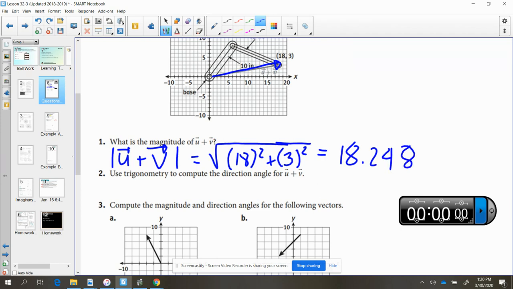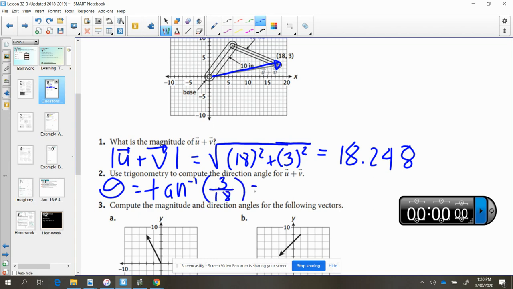And then when we talk about the trigonometry to find your theta measure, notice this is a quadrant 1 value, so we're going to want theta to be a quadrant 1 value, and then it's b over a, or opposite over adjacent, y over x, but in this case, b over a, so tan inverse of 3 over 18.